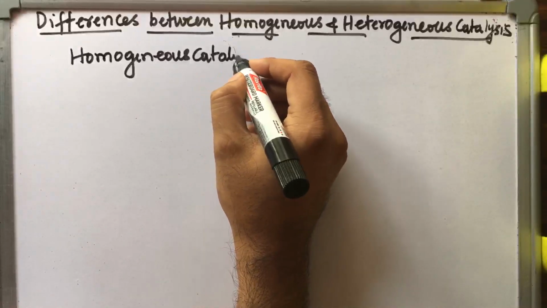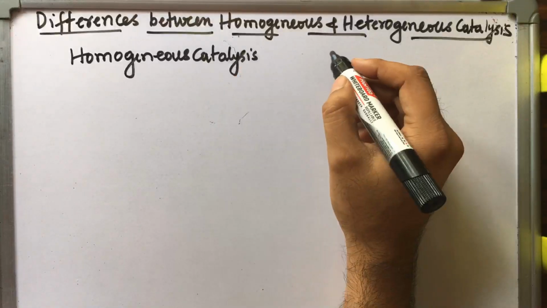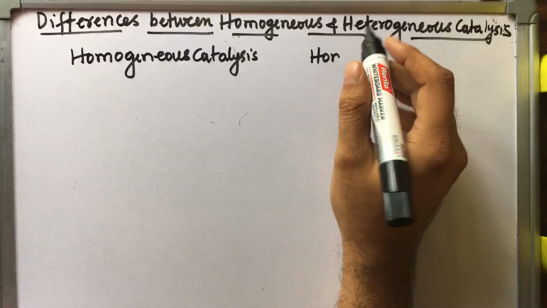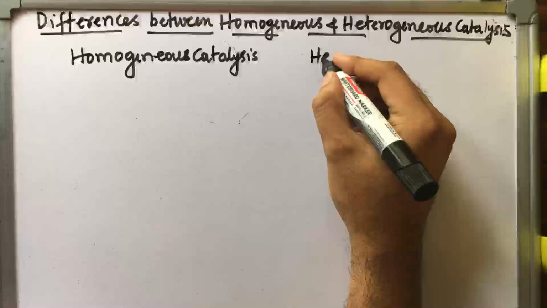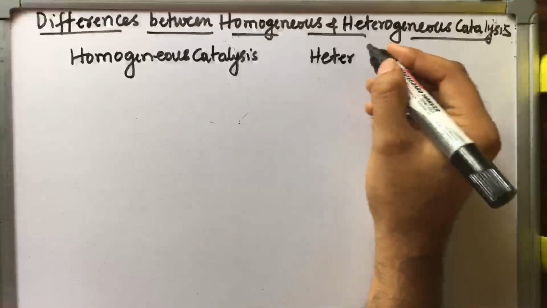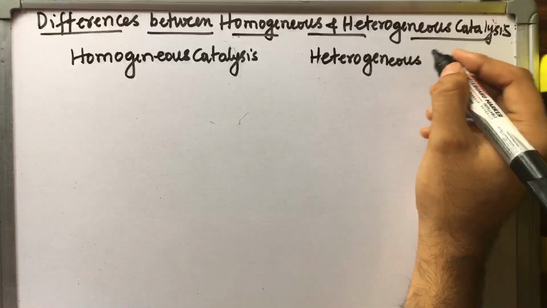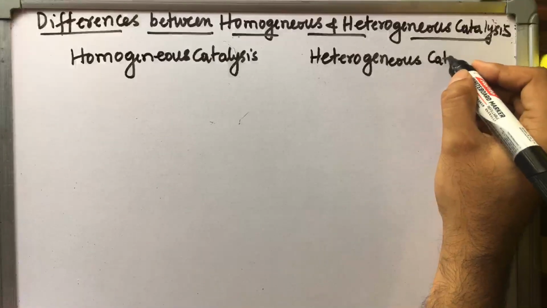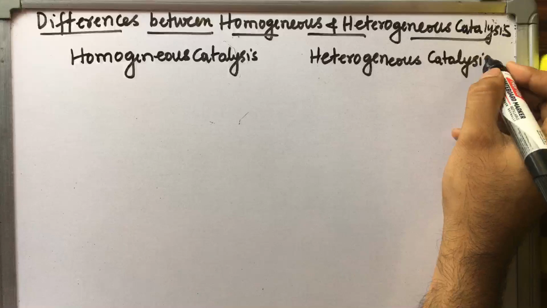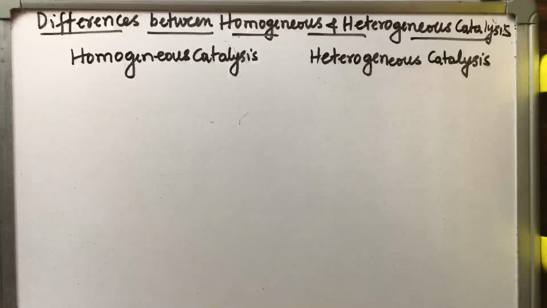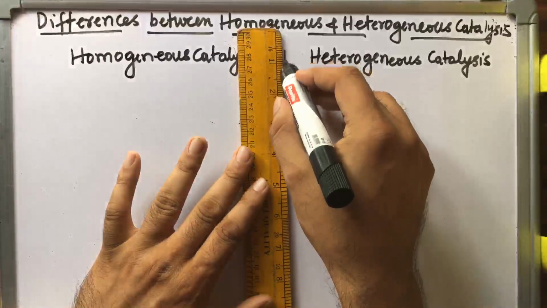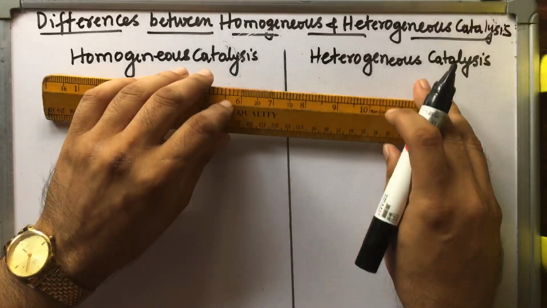This difference can be asked for 2 marks, students: give any two differences between homogeneous and heterogeneous catalysis. Let me write here heterogeneous catalysis. Let us study these as points of difference.